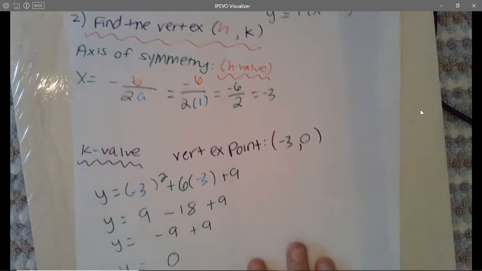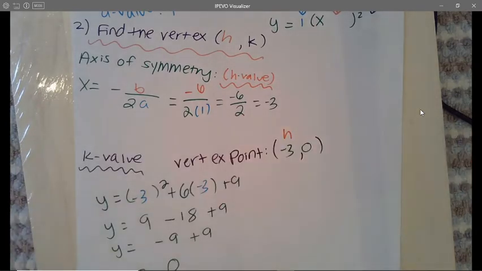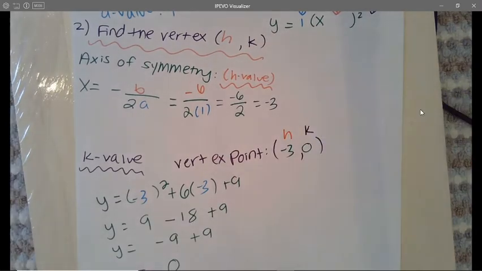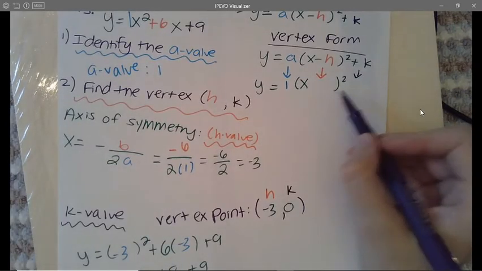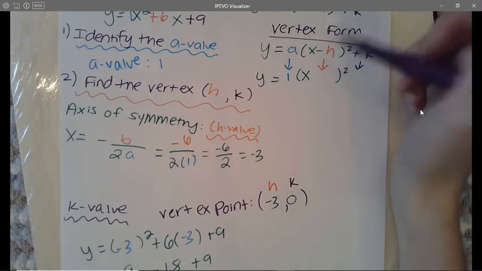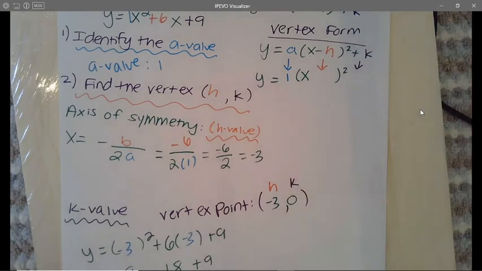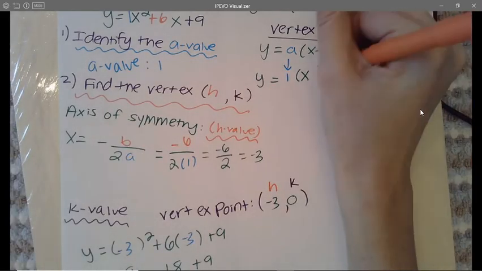So I have my h value and my k value. Now I just need to fill them into my equation, and then guess what? We have vertex form. Don't forget, for the h value, you have to flip the sign. The opposite of -3 would be +3.